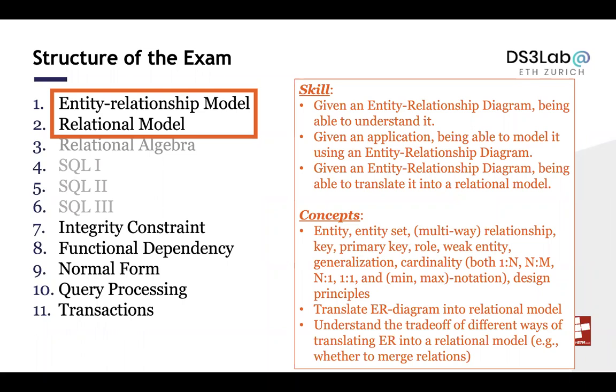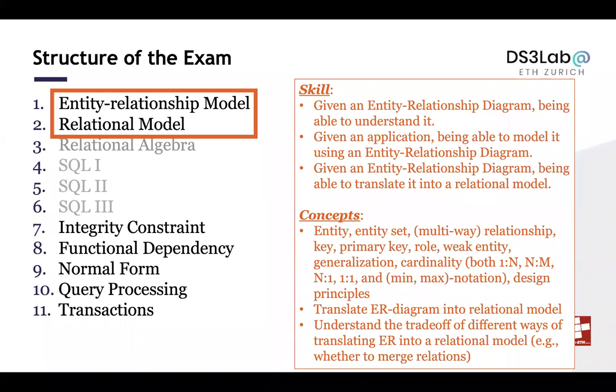Also given an application, which we might describe in English, you should be able to model it using an entity relationship diagram. And given an ER diagram, you should understand how to translate it into a relational model. Of course, there are many different ways you can do the translation, and we will give you some constraints. For example, we really want you to save space.